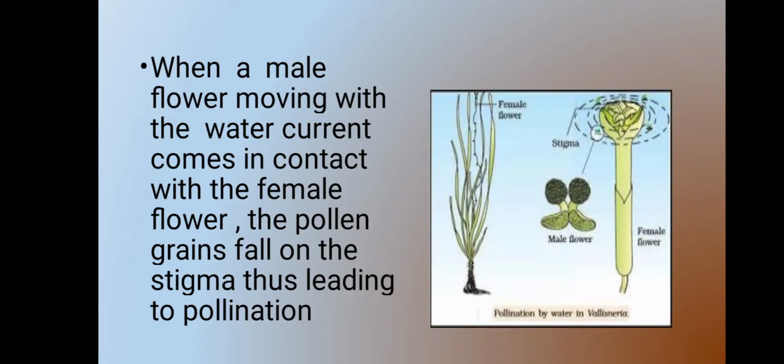When a male flower moving with the water current comes in contact with the female flower, the pollen grains fall on the stigma, thus leading to pollination.